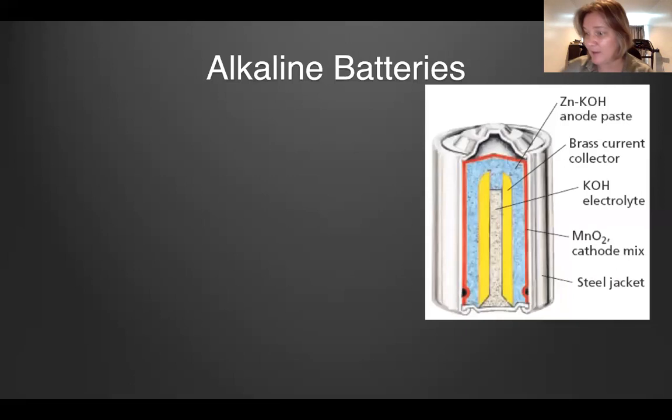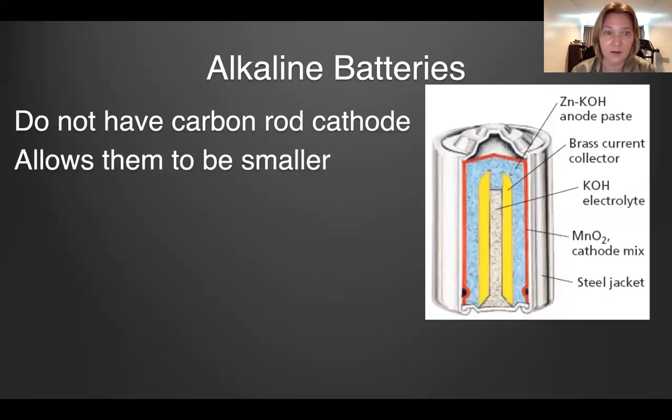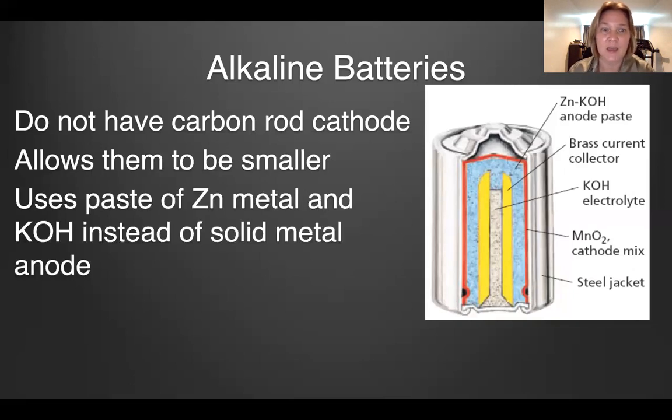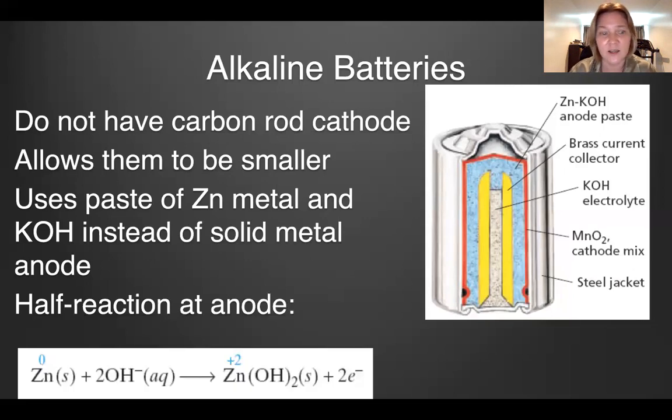Okay, so the next type of battery is the alkaline battery. This does not have a carbon rod cathode, and this allows these batteries to be smaller. They use a paste of zinc metal and potassium hydroxide instead of a solid metal anode. So the half reaction at the anode is zinc plus hydroxide from the potassium hydroxide electrolyte.